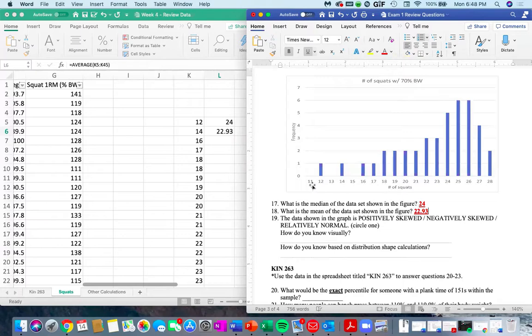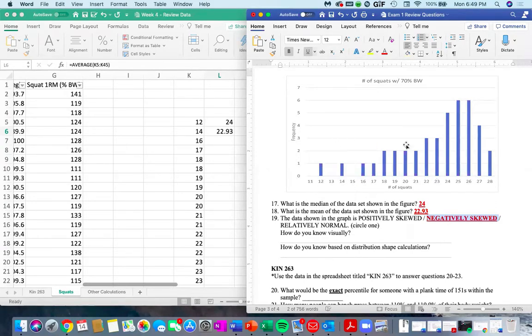Using that information, or just visually, do we have positive skewness, negative skewness, or a relatively normal graph or distribution? Negative skewness. We have negative skewness, right? How do you know? The mean is pushed towards the left end. Or if you think about wherever the mean would exist in this data, in terms of negative standard deviations on this side, positive standard deviations on this side, right?